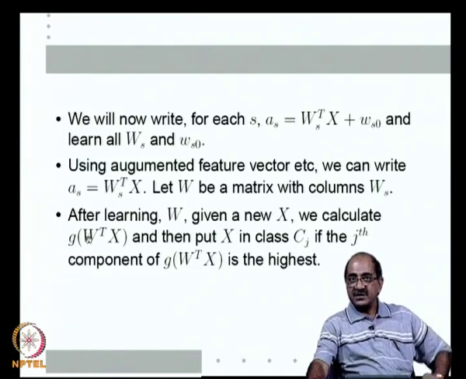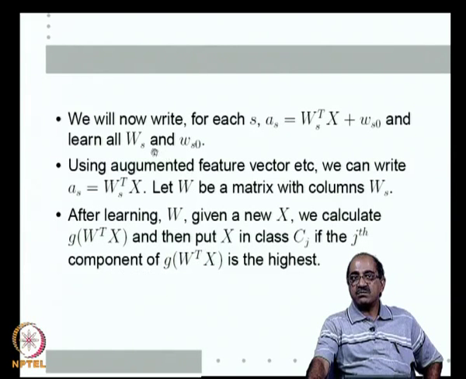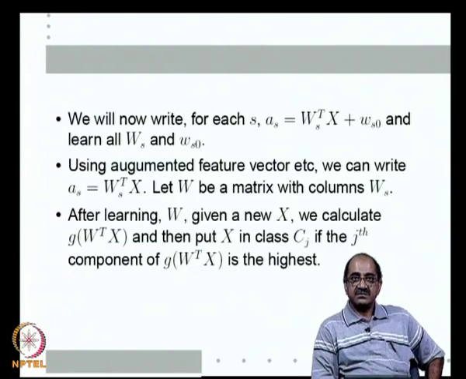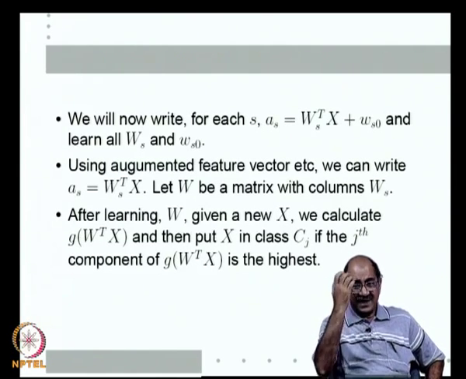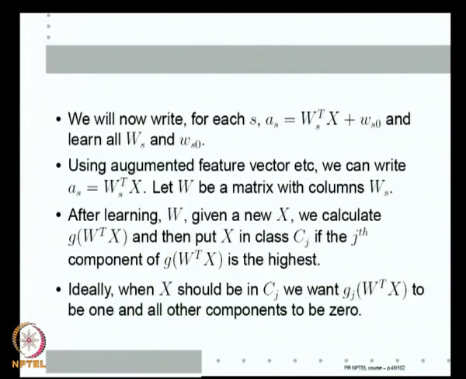So, G of A will be what? It will be a K vector again, and it essentially picks the maximum of all the Ws transpose X's. So, we calculate G of W transpose X and then put X in the class Cj if the jth component of G of W transpose X is the highest. Ideally, if X is in Cj, we want Gj of W transpose X to be 1 and all other components to be 0.